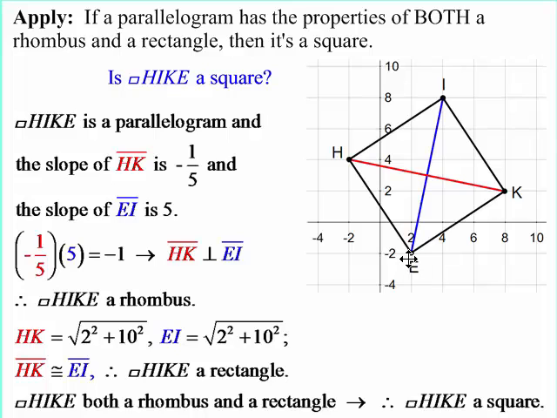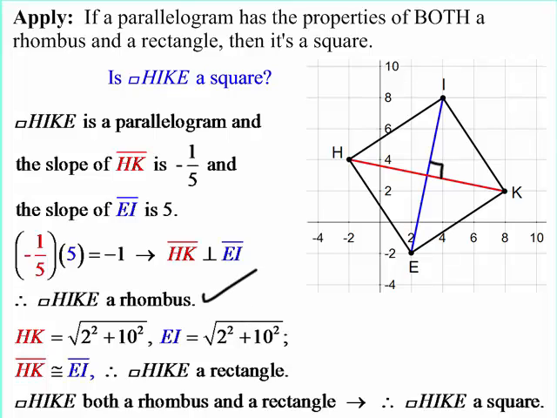And this slope here is over 2 and up 10. So that simplifies to +5 over 1, up 5 spaces. So we take the two slopes, multiply them against each other, and we get -1, which means that we can conclude that these two diagonals are perpendicular. So once we reach that, we've now checked off that it's a rhombus.